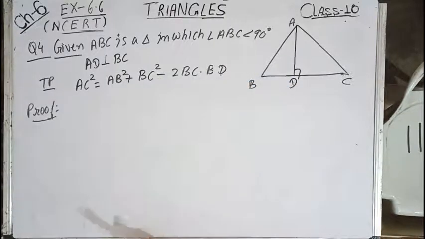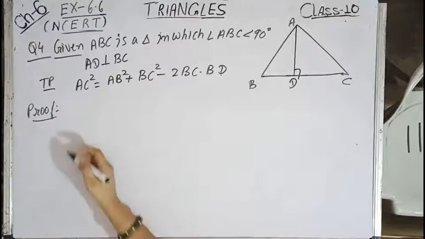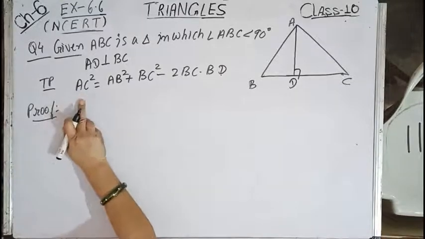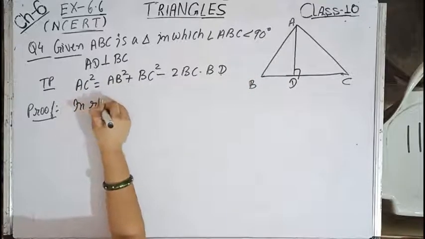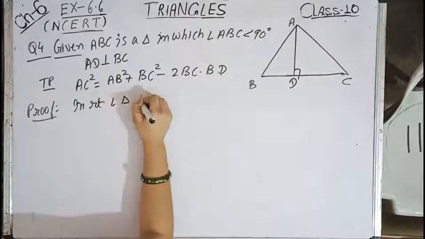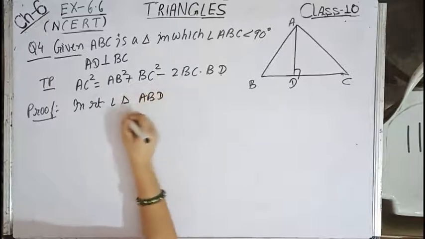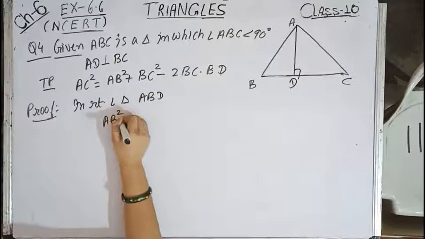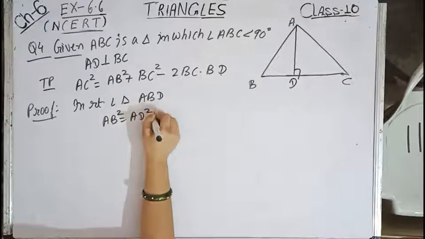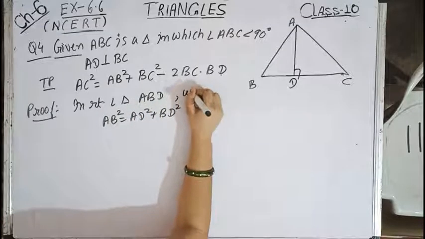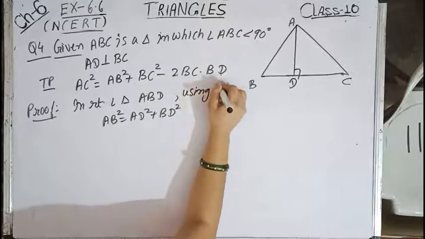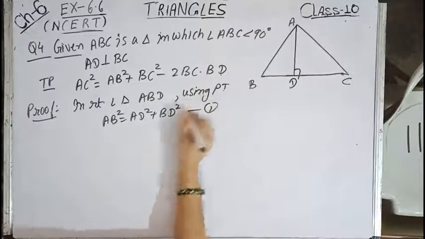Let us prove it. The proof is similar to what we did last. Let us first write the relation. In right angle triangle ABD, AB square equals AD square plus BD square, using Pythagoras theorem. Make it 1.